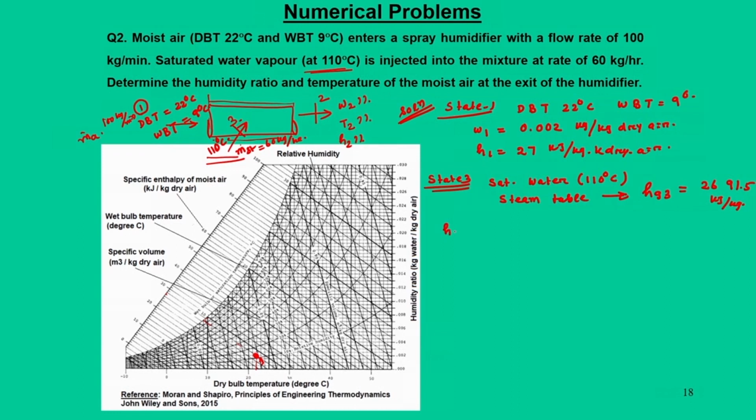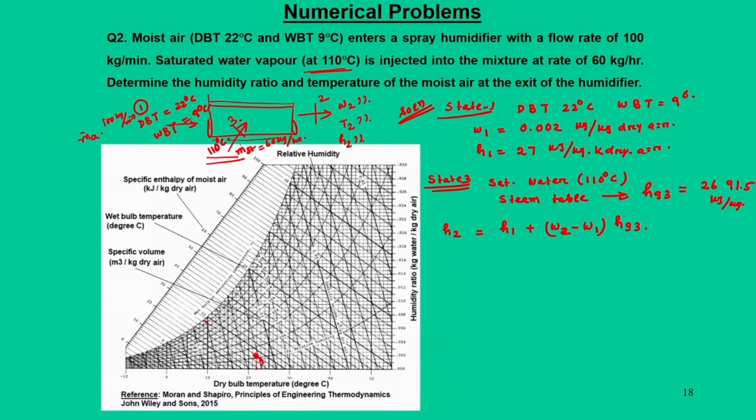Now, we can write this enthalpy equation: H2 is equal to H1 plus omega 2 minus omega 1 into Hg 3.